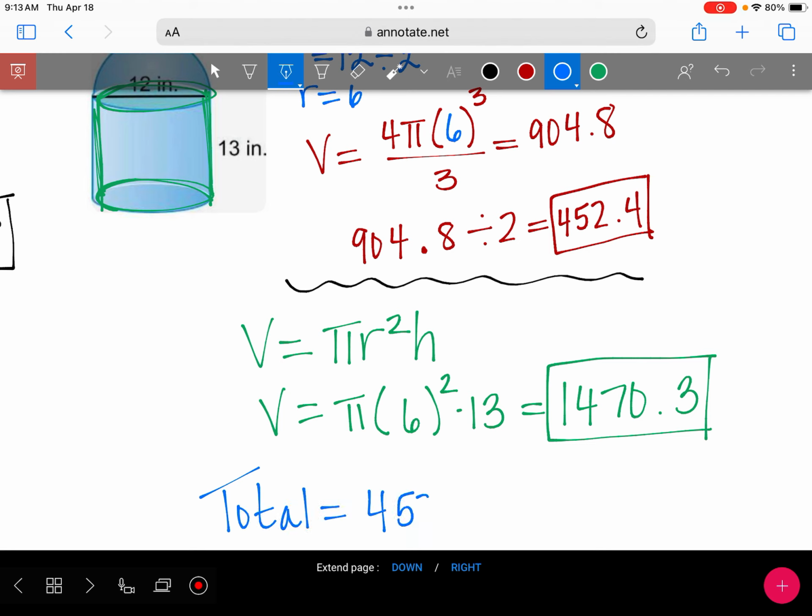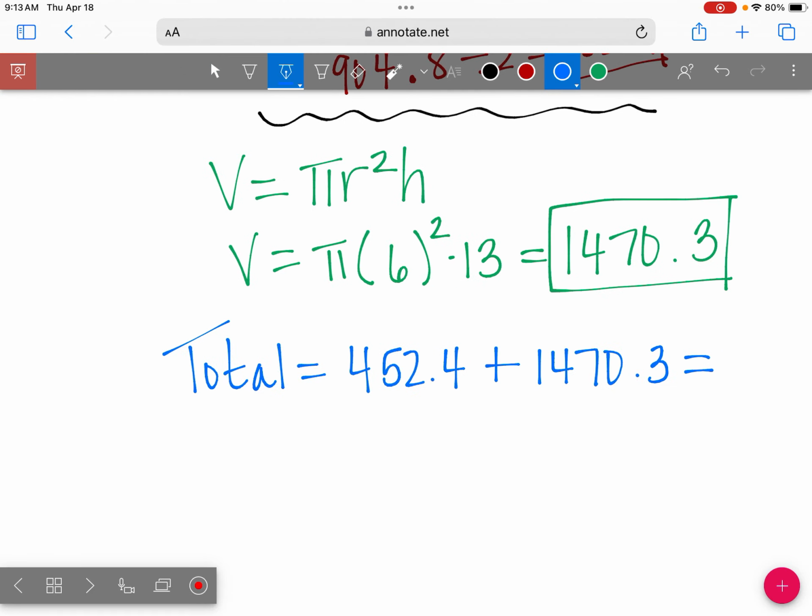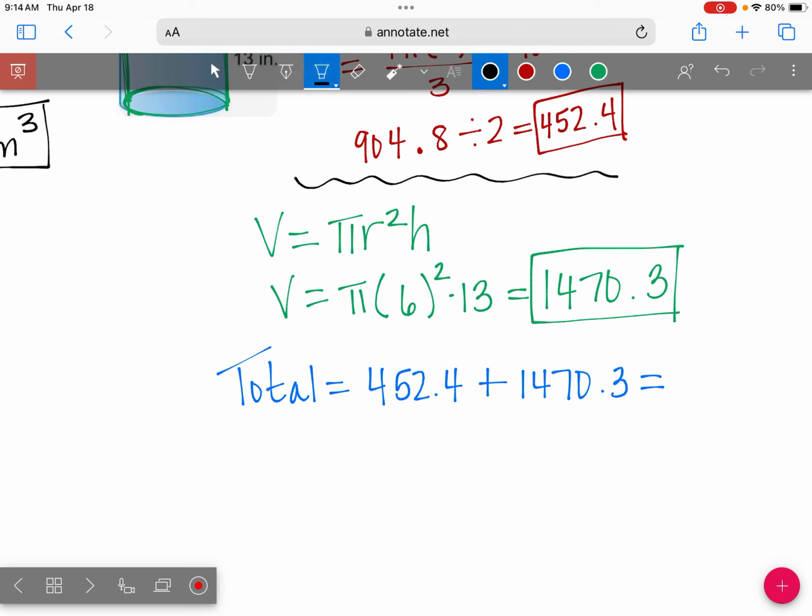I'm going to take the 452.4 plus the 1470.3. And this will be inches cubed.